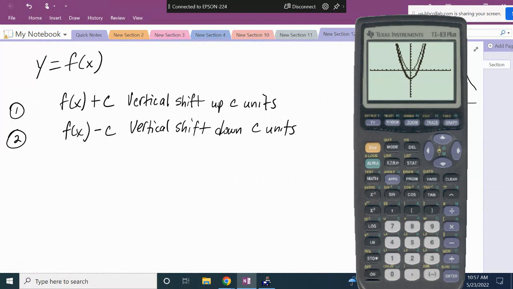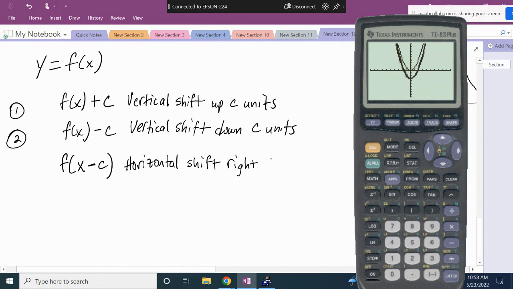All right, so now we're going to talk about moving to the left and to the right. So I'm going to write out these model forms: f of x minus c, and this is a horizontal shift to the right c units.